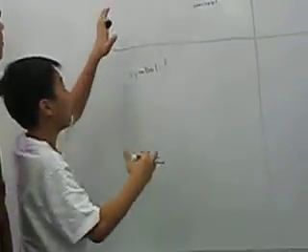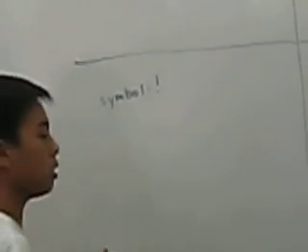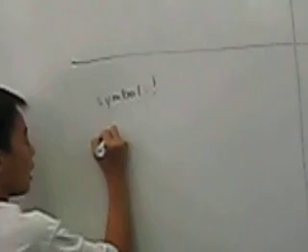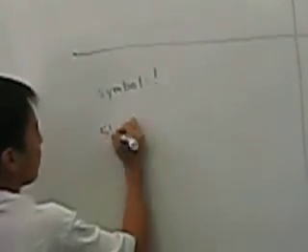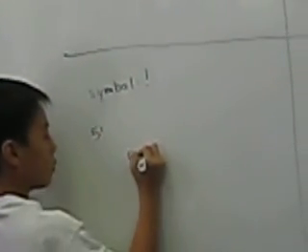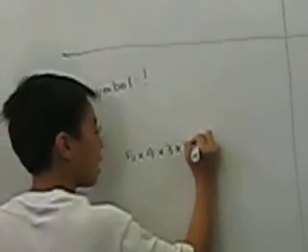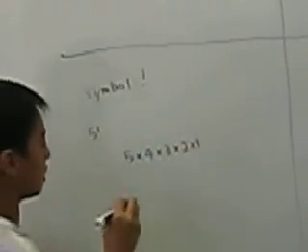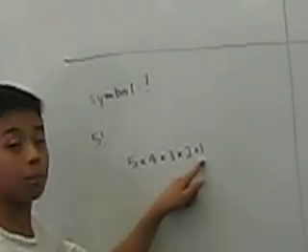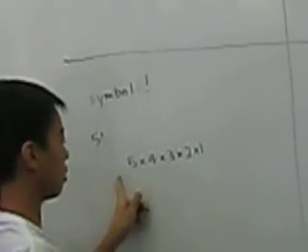It shows so you don't need to always write factorial after a number. So 5 factorial is 5 times 4 times 3 times 2 times 1.